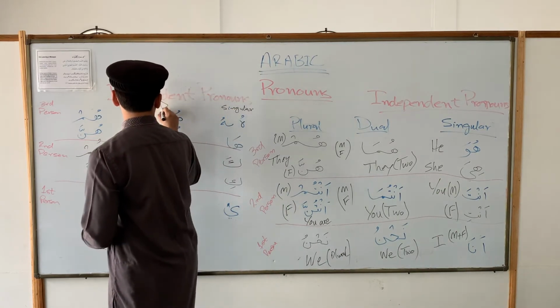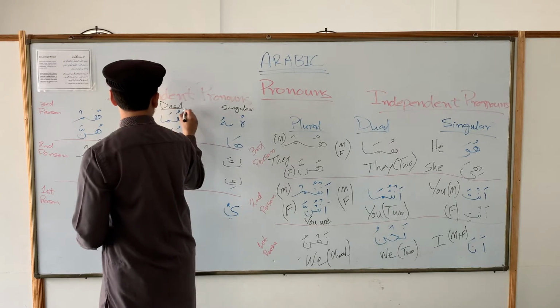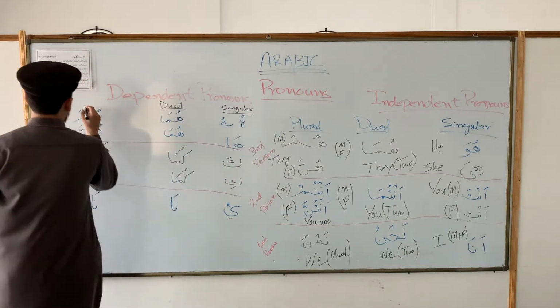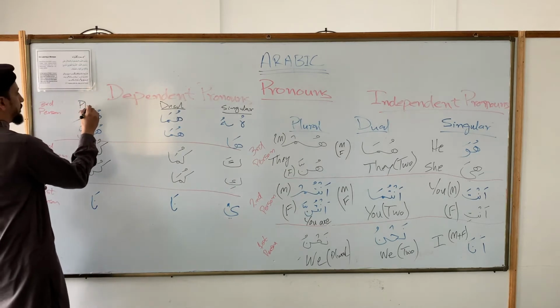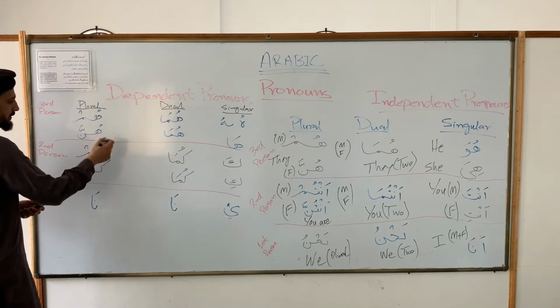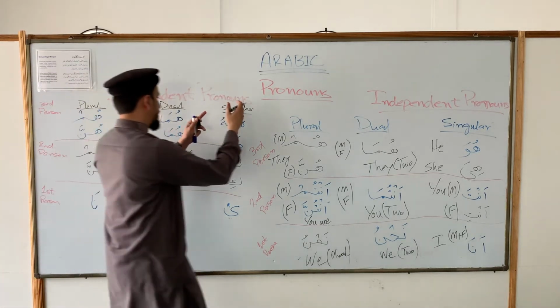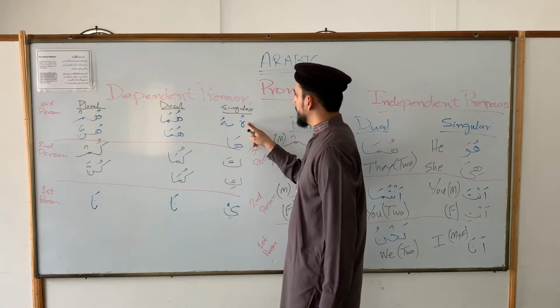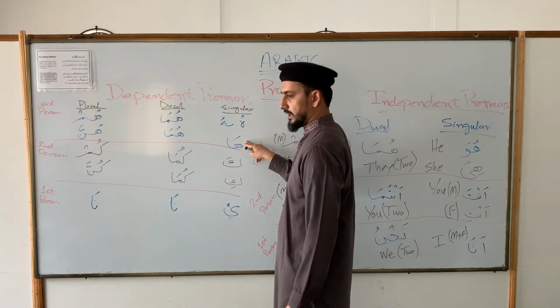This is dual. As I said, in Arabic, they're singular, dual, and plural. And this section is plural. So this column is for the singulars only. And then we have male and female again, right?